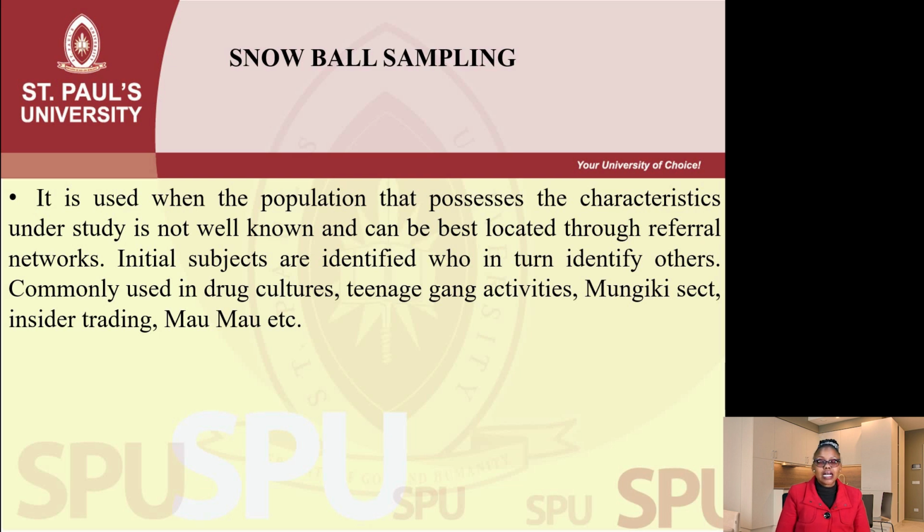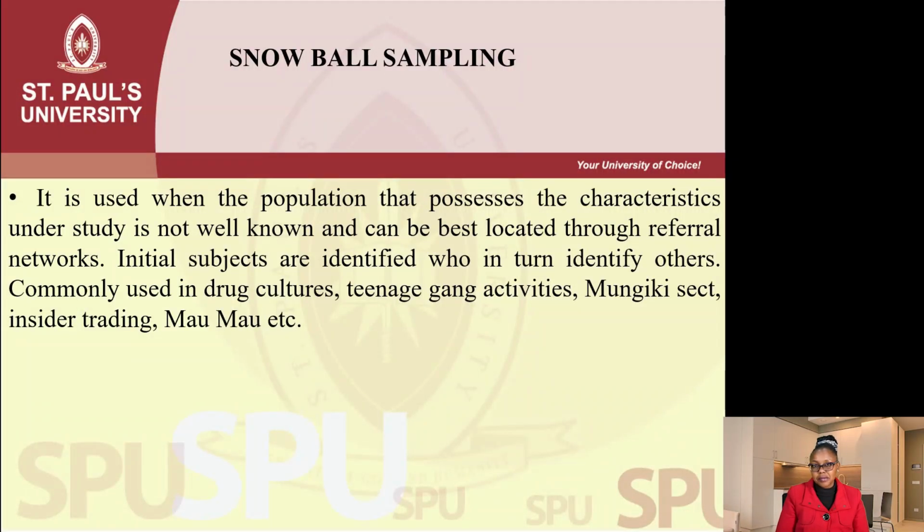If you are to conduct a research, let's say to do with vice chancellors of the universities in Kenya, you will get that information straight away. If you are to get the number of counties in Kenya, you will get that information straight away in the website. But what if you are doing a research on street families?